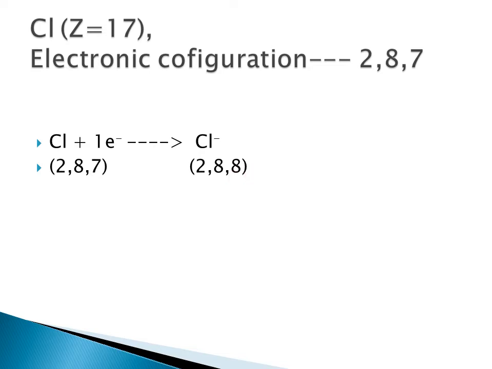An atom of chlorine is electrically neutral as it contains 17 protons in its nucleus and 17 electrons revolving around it. But after acquiring an electron from the sodium atom, the chlorine atom does not remain electrically neutral. It has 1 electron more than the number of protons in its nucleus and is therefore a negatively charged ion, chloride ion, Cl minus.